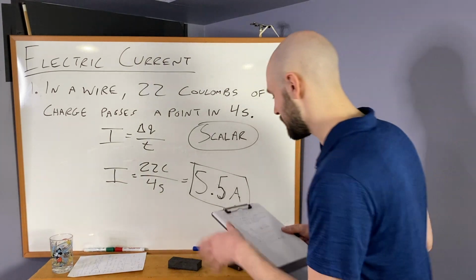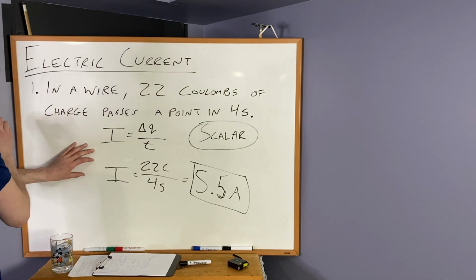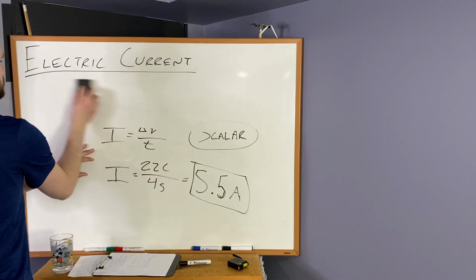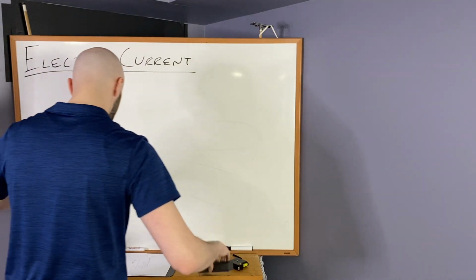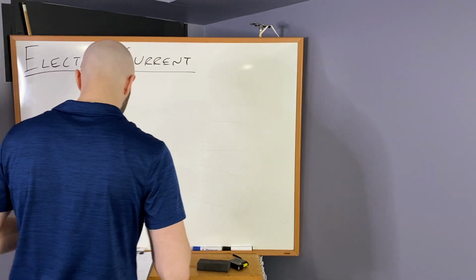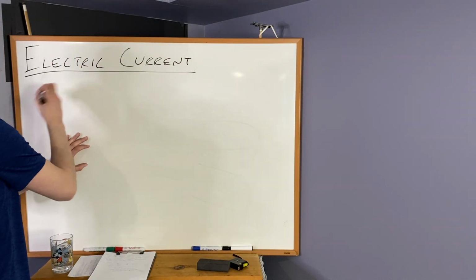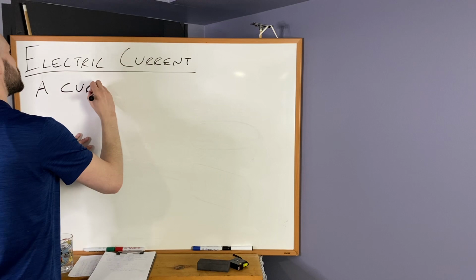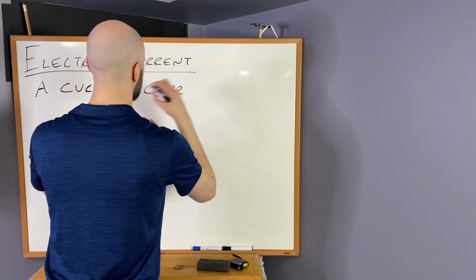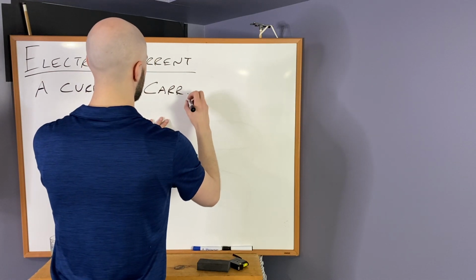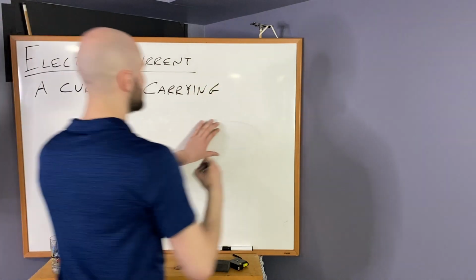All right, let's try one more problem, and then we'll talk about some other concepts. Let's see if we can write this neater for the next one. Okay. Let's say we have a current carrying wire. Why? I don't know. Current carrying wire.